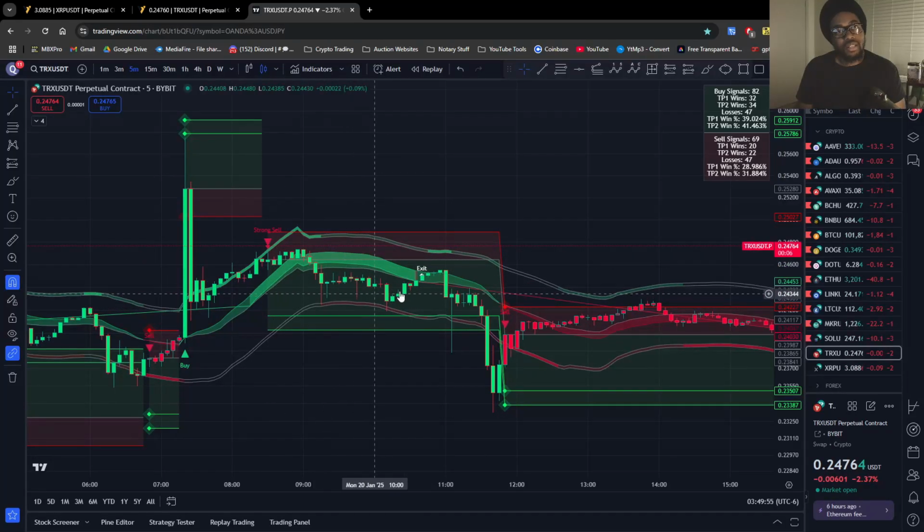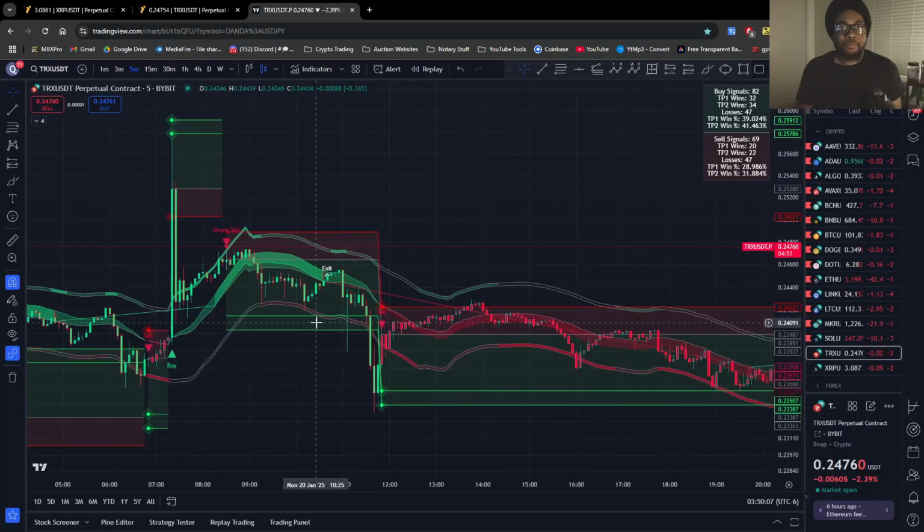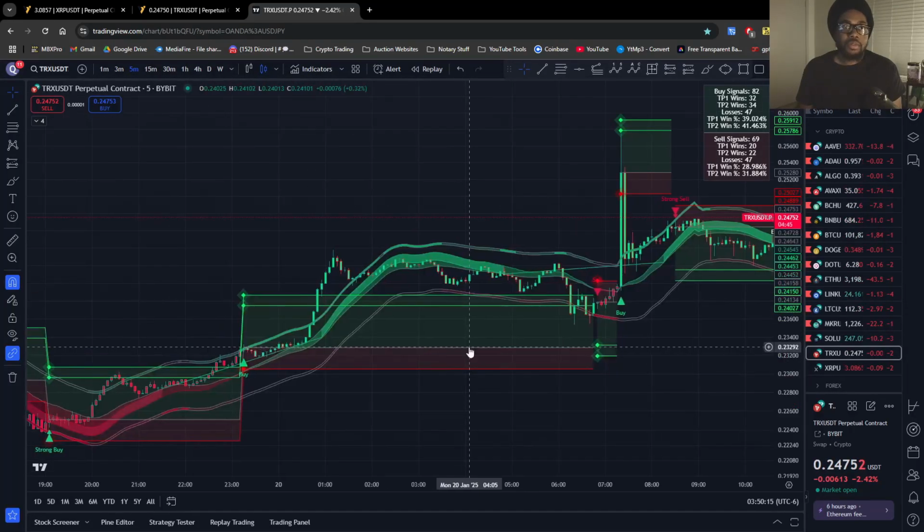It does this when the overflux ends and you haven't hit your TP1 yet. But if you notice, this still kept going down. So if you didn't take that, it actually did hit its profit. But yeah, it's definitely not perfect.